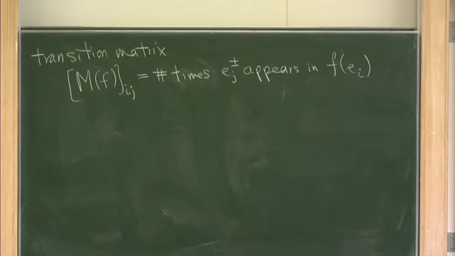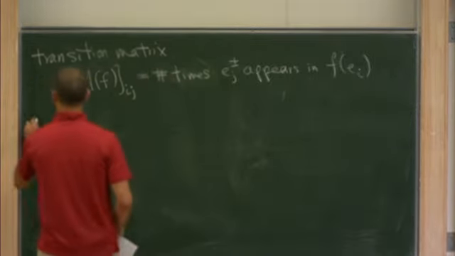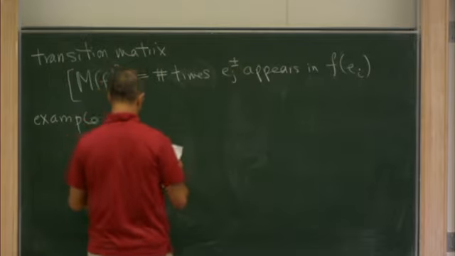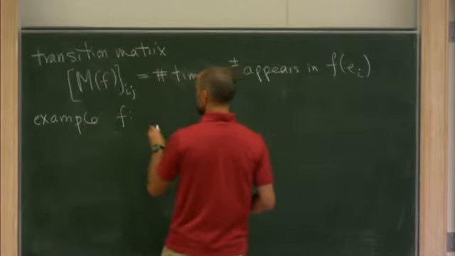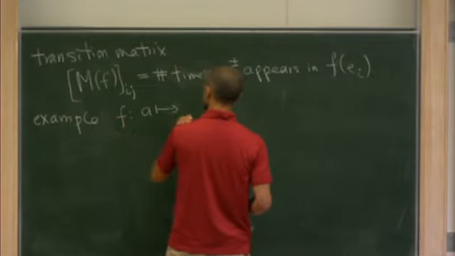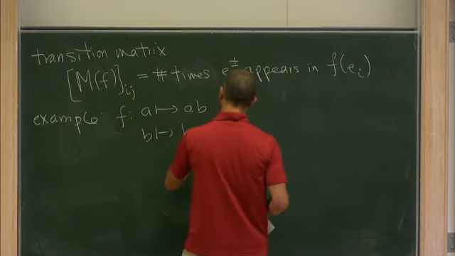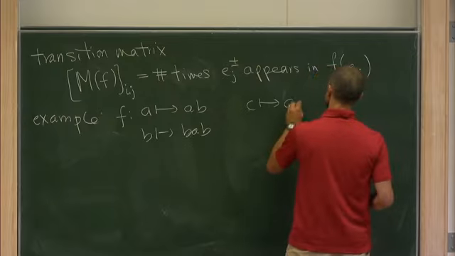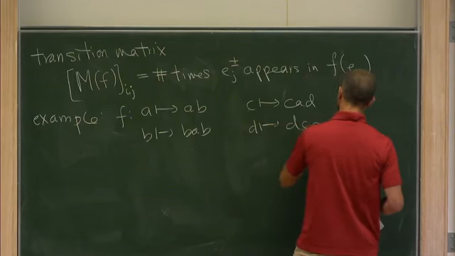All right, so let's look at a little example so I can highlight a feature of this matrix. Okay, so let's look at the map here in rank 4, which does the following. A goes to AB, B goes to BAB, C goes to CAD, and D goes to DCAD.